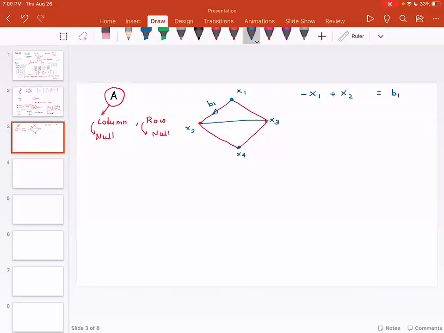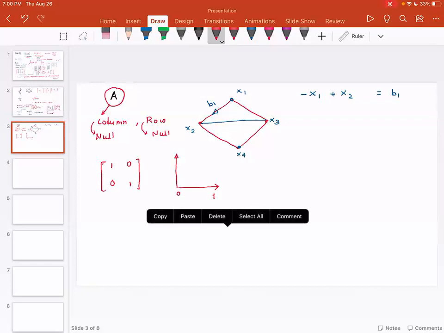And why is this an orthogonal matrix? Because if I were to draw the row vectors, this is 0, 1, and then I have 1, 0. So these two vectors are perpendicular to each other.